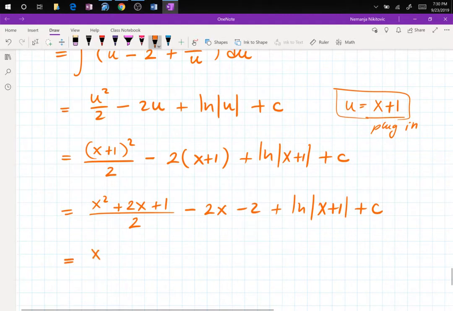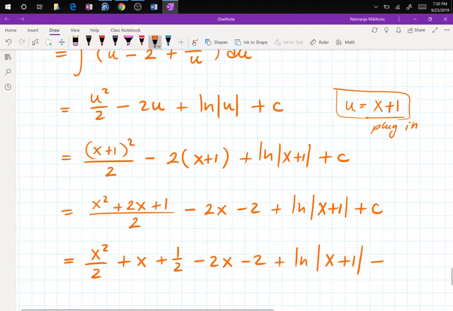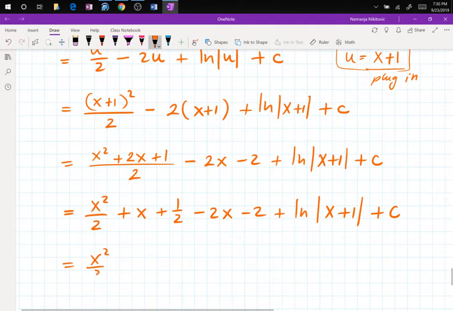And finally, x squared over 2 plus x plus 1/2 minus 2x minus 2 plus ln of x plus 1 plus c. That is x squared over 2 minus x minus 3/2 plus ln of x plus 1 plus c.